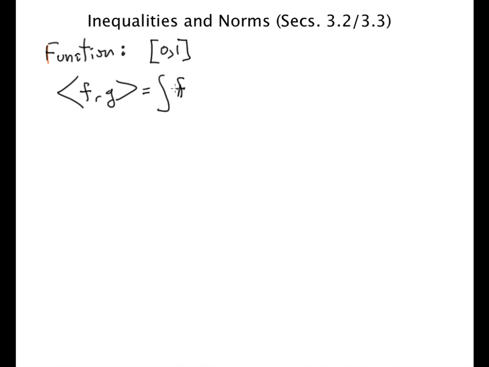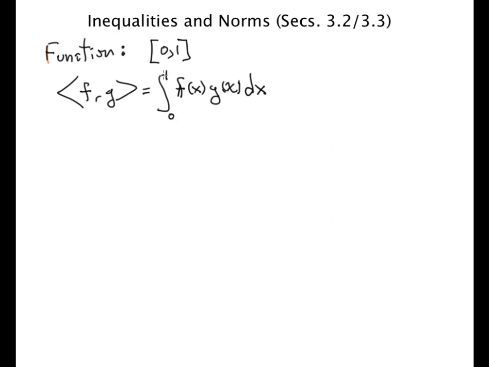It's worth writing down the function versions of these because this often comes up in practice. And so suppose we're talking about functions on the interval from 0 to 1, and we're talking about continuous functions, and we define the inner product of two functions to be the integral of f of x g of x dx from 0 to 1.